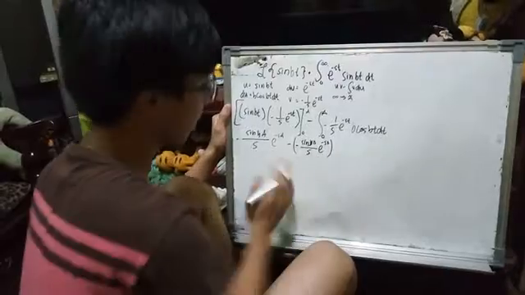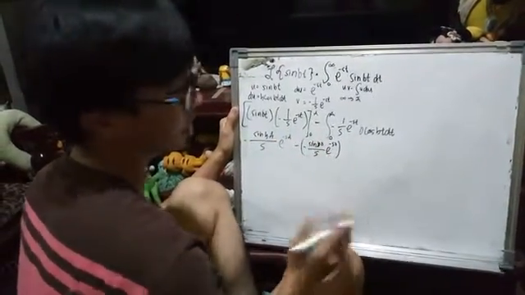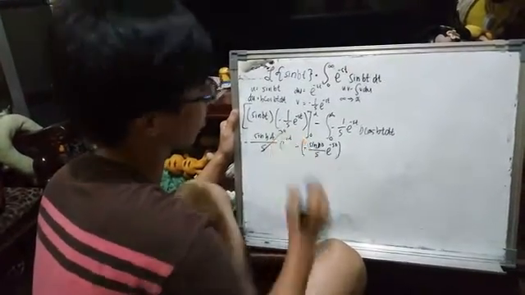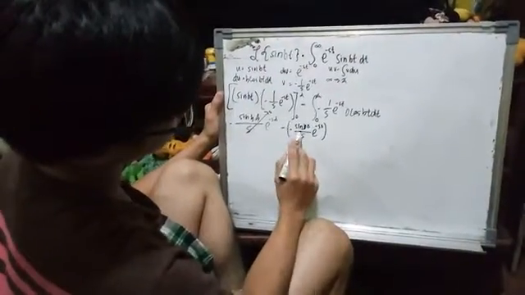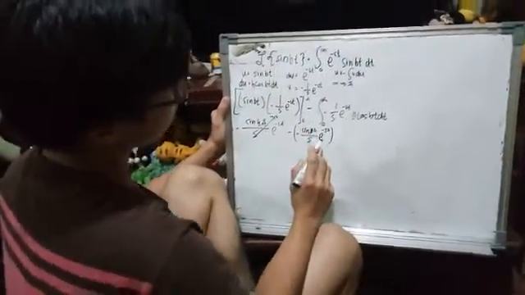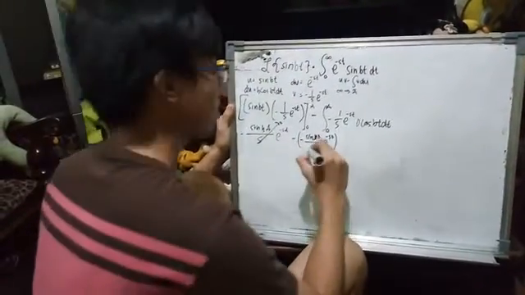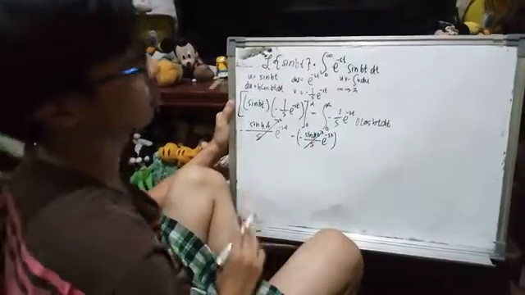As we already know, e raised to a negative very large number will become 0, so we cancel it out. And sine 0 is equal to 0, so this part is also cancelled out.